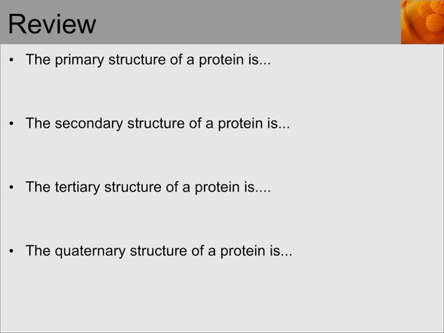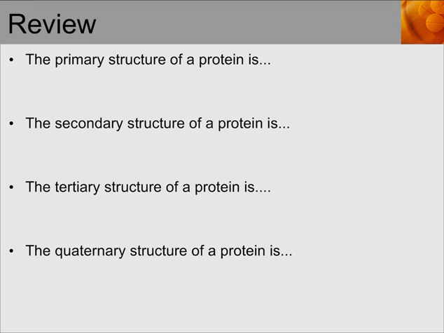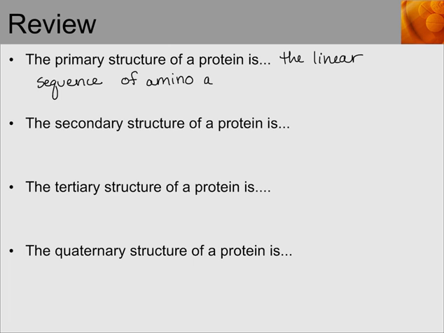Okay, so let's start with the primary structure. The primary structure of a protein is the linear sequence of amino acid residues. Okay, simple enough.